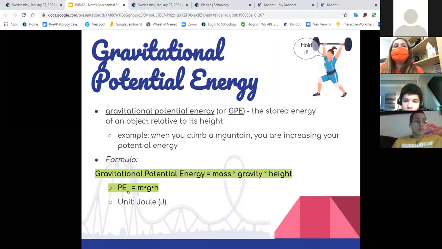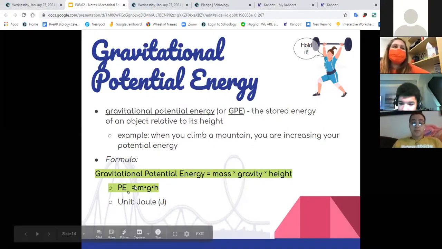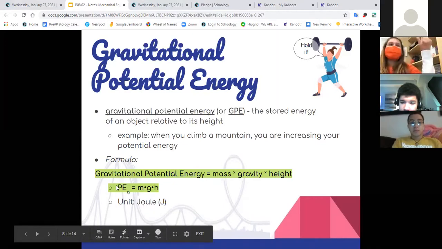And the formula for gravitational potential energy is mass times gravity times height. No 1/2 this time, just mass times gravity times height. And there are two ways I'm going to write gravitational potential energy. It could be PE subscript G. That's the way, if you're going to do physics in college, this is how you're going to see it.